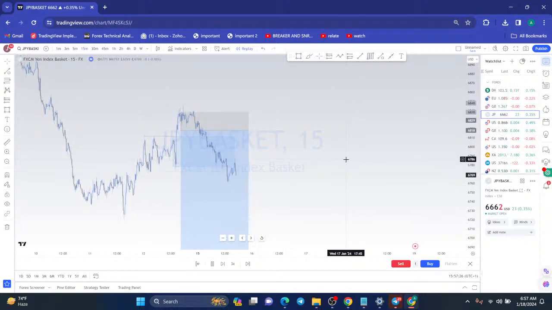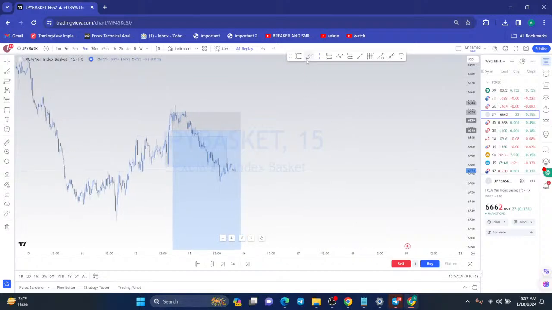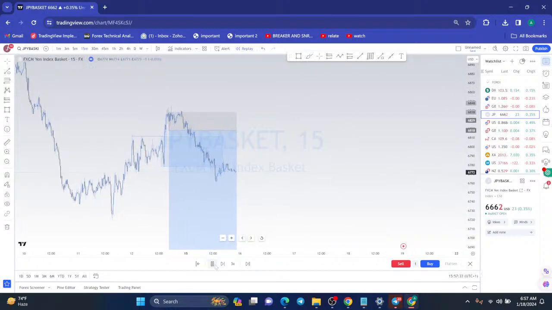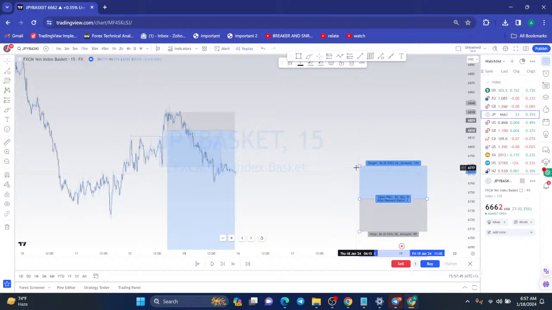Now there is a concept that is close to liquidity, which is inducement. I always get questions about what is liquidity and what is inducement. Liquidity is that market will actually touch your zone. This is a buy. Liquidity is that market will actually come and touch your zone.